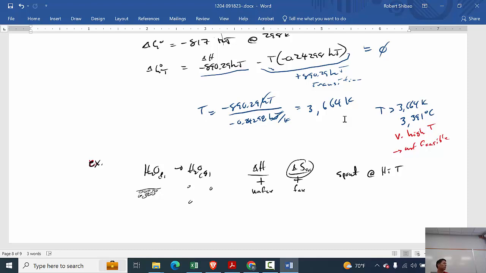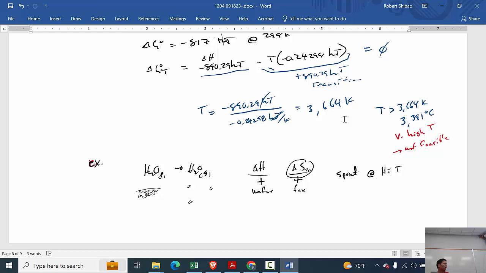So for the delta G equation, why would the delta S be unfavorable and the delta H be favorable in that case? Like when we were calculating that increasing the T. Because it depends on how much.